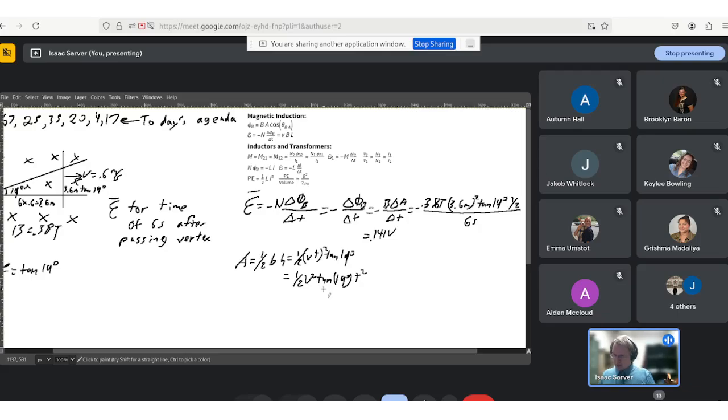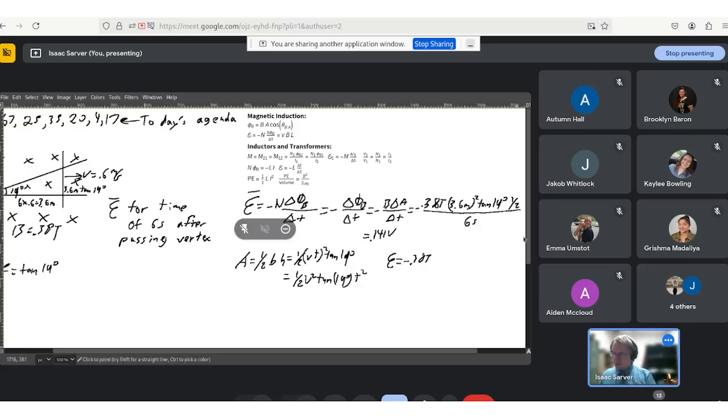It's possible to figure that out, but obviously it's not required in this class. We can do it anyway for kicks. So the EMF is exactly equal to minus 0.38 Tesla times that, with tan 19 degrees and a t. It's similar to turning an acceleration into a velocity.